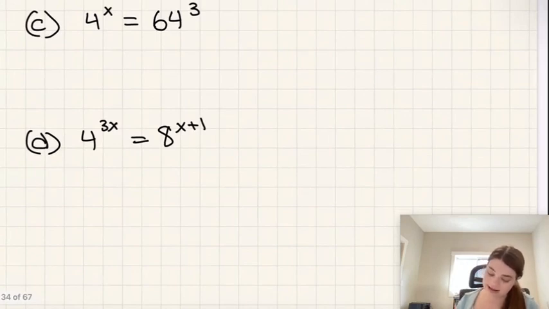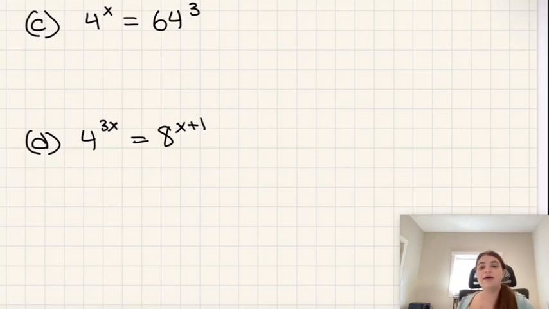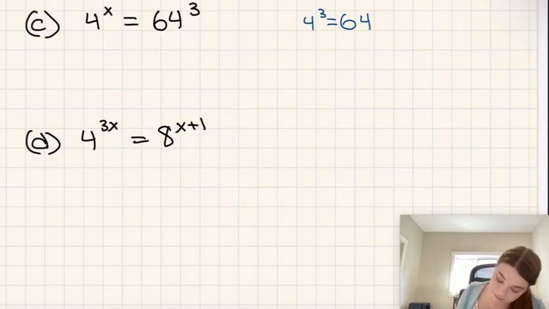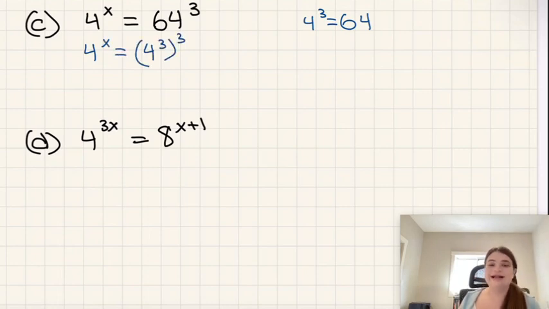Okay, let's try part C. 4 to the power x is equal to 64 cubed. Okay, well, I don't know that we can really change the base of the 4 that easily to 64 or something like that, but we know that 4 cubed is 64, right? So therefore, 4 to the power x is equal to 4 cubed, right?